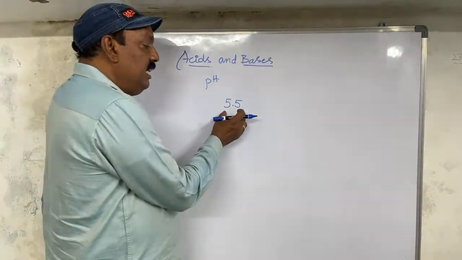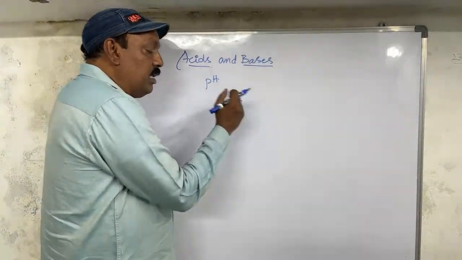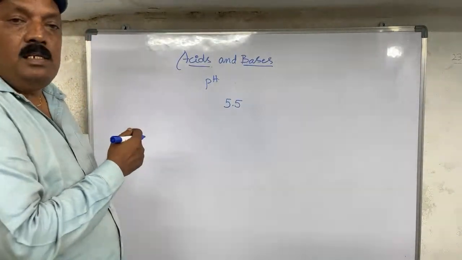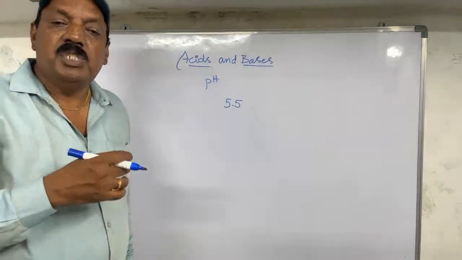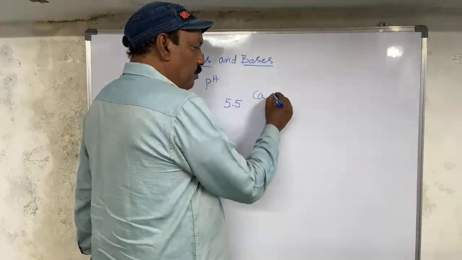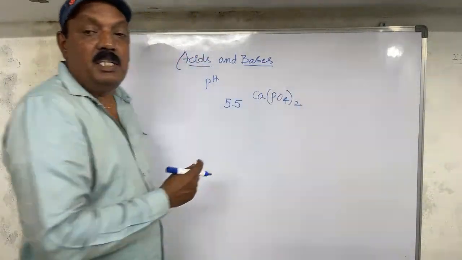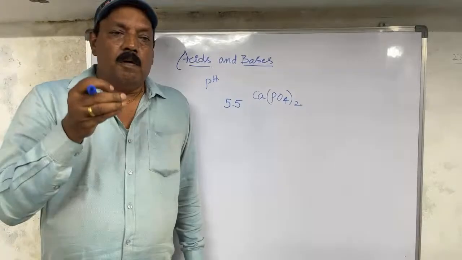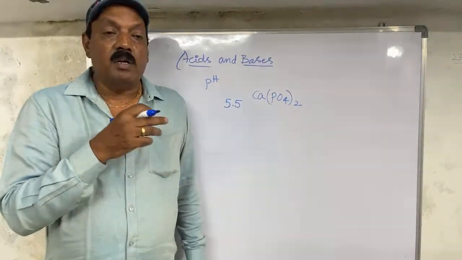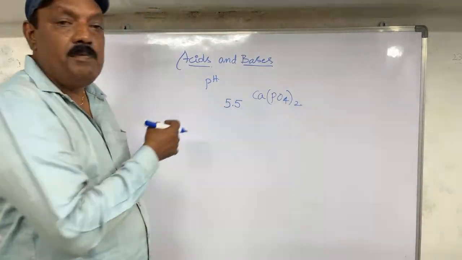If the acidity in our mouth is reduced to below 5.5, then the teeth, which are made up of calcium phosphate, the strongest compound in our body, get corroded.